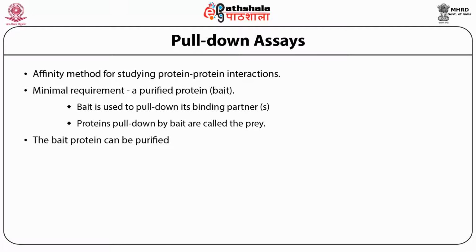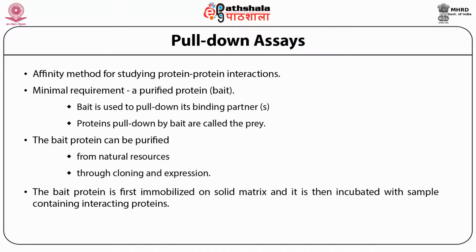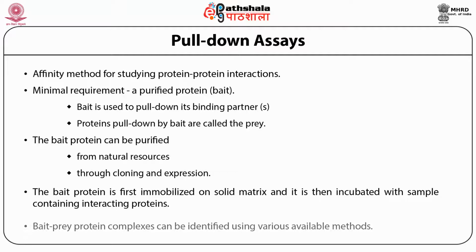The initial protein can either be purified from natural sources or generated through cloning and expression. The bait protein is first immobilized on a solid matrix and then mixed with the crude sample containing interacting proteins. The bait-prey protein complexes are finally recognized using various available methods.